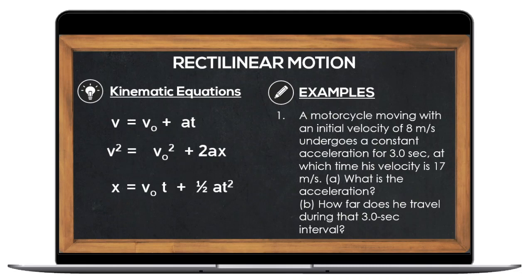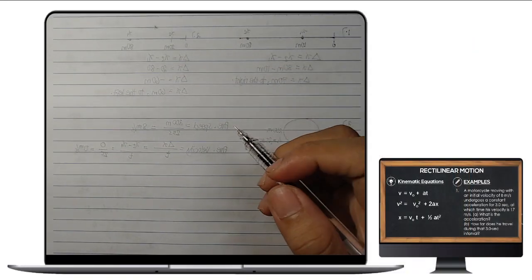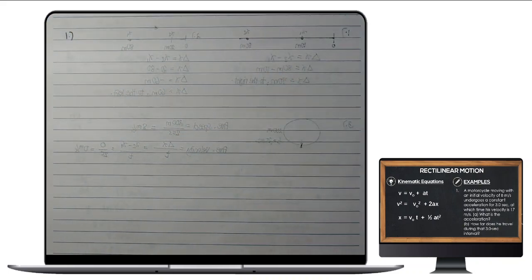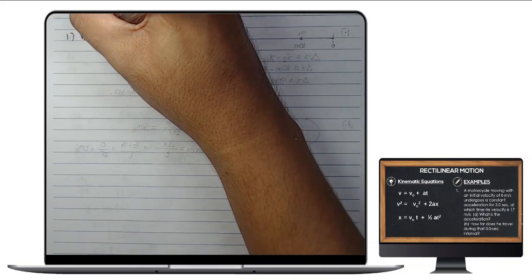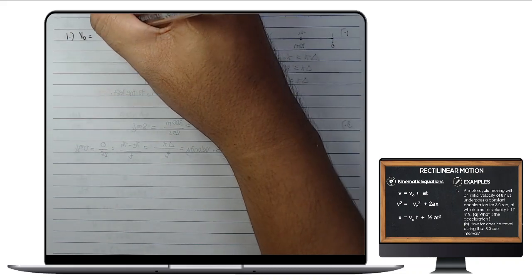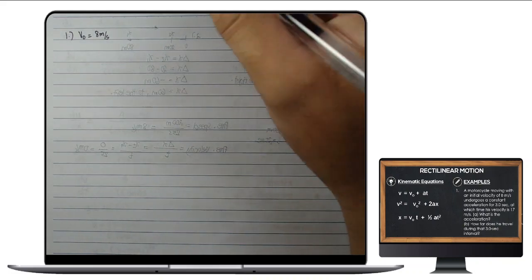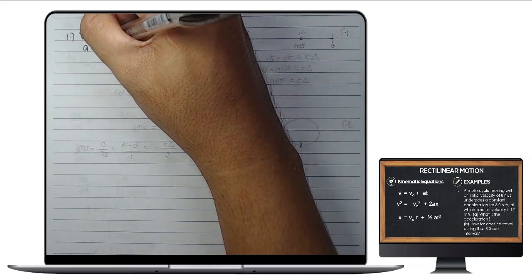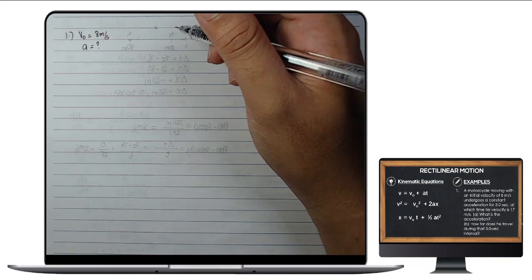Okay, so let's solve this one. Number 1: a motorcycle moving with an initial velocity. So our V sub O is equal to 8 meters per second. It undergoes a constant acceleration, so acceleration is constant. Therefore, this is a uniformly accelerated motion, for 3 seconds.